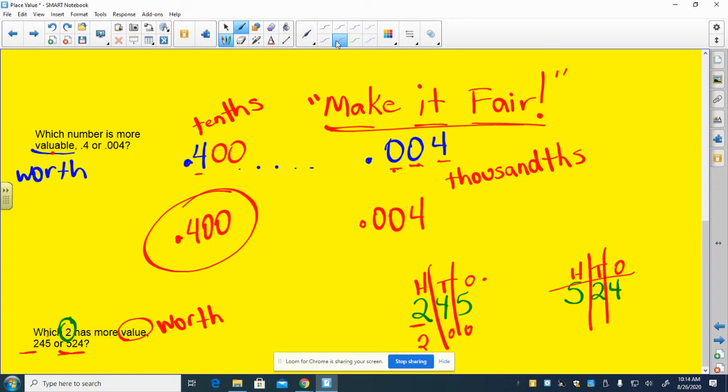But that 2 is on 10th Street, and I'll put my zeros to the decimal, which is after the ones place. So which 2 has more value, the 2 in 245 or the 2 in 524? This 2 is worth 200. This 2 is worth 20. Well, 200 is more valuable than 20. This video will help you with determining the value or finding digits when you are working with place value city.